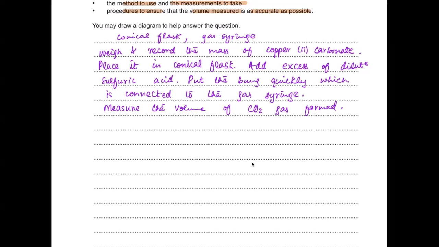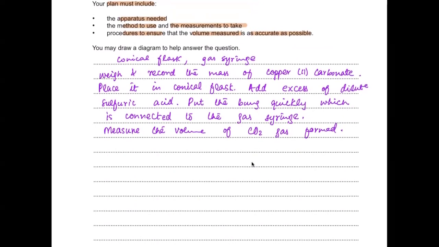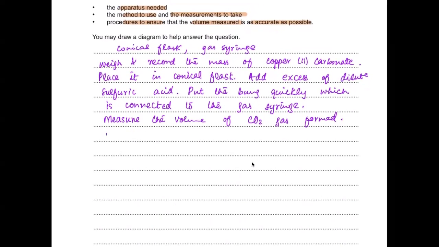Now, for the accuracy, wait. For example, when the reaction occurs, bubbles form, so we have to wait till all the bubbles stop forming. That would indicate that all of the gas has been collected.